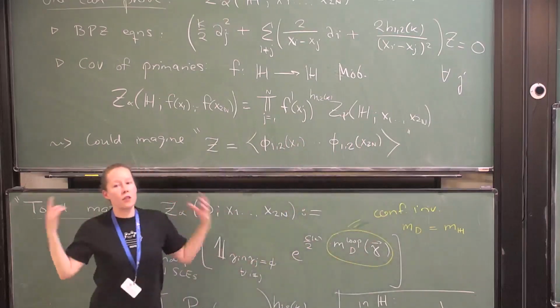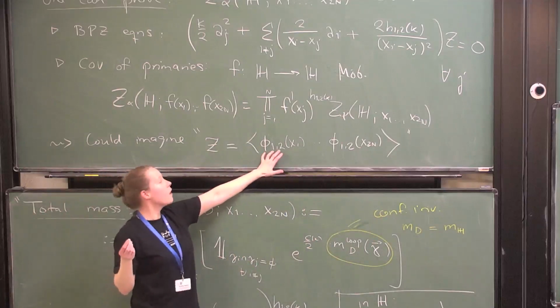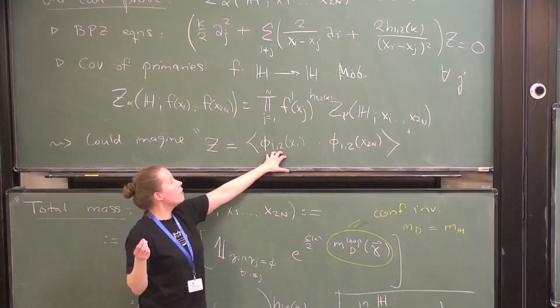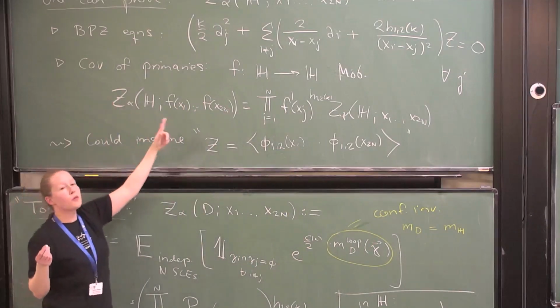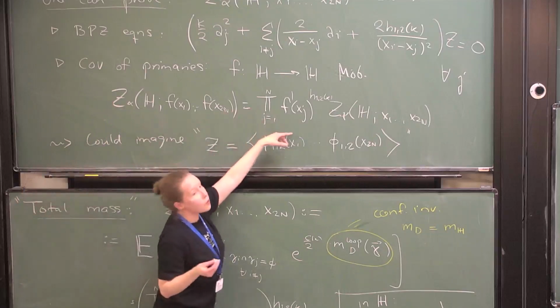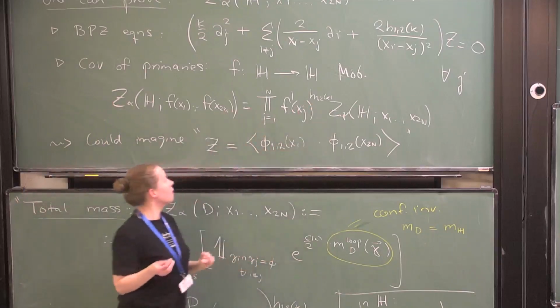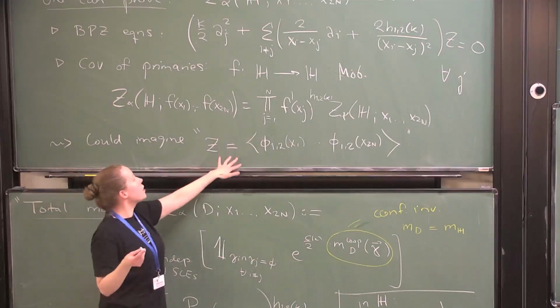If you take your CFT book and look at the primary fields degenerate at level 2, they will satisfy this kind of BPZ equation, at least if you compute using translation invariance. They will have this kind of transformation property, modulo my minus sign mistakes. So it's plausible that they have something to do with each other.